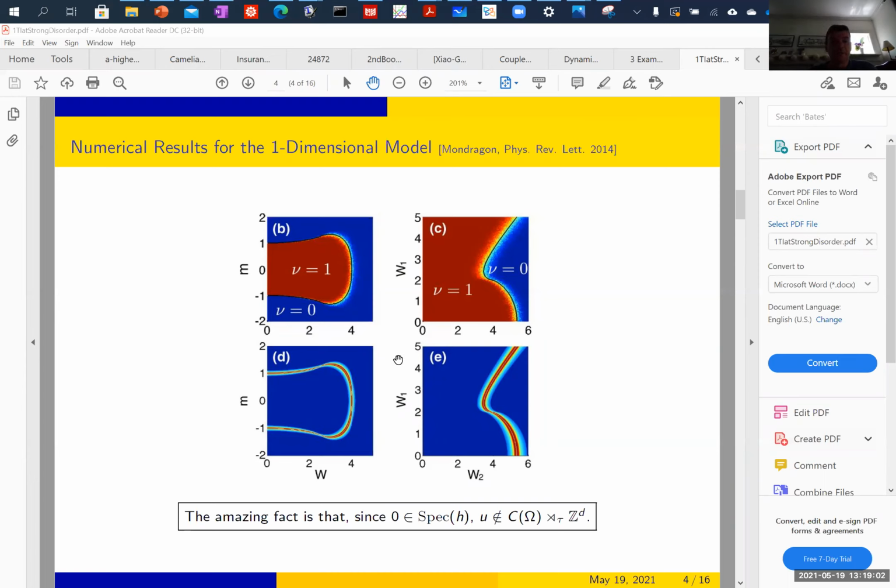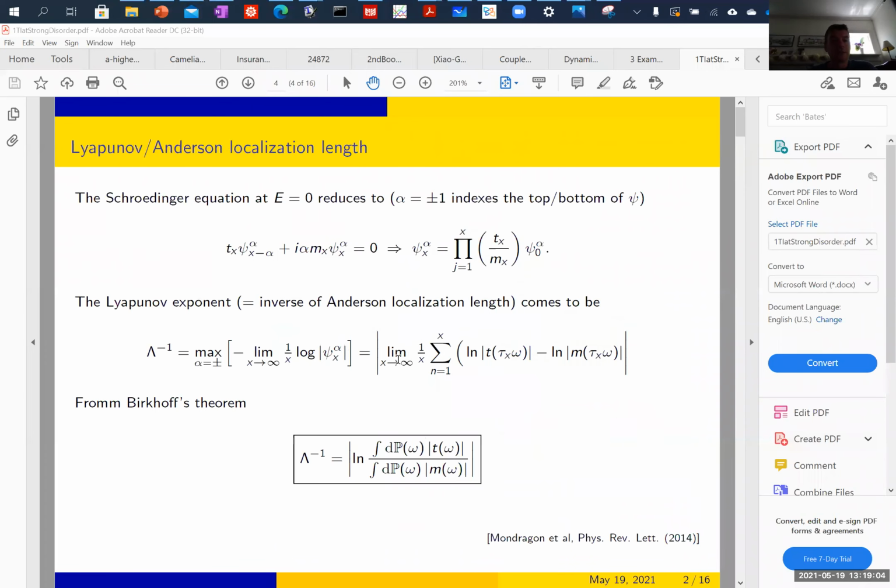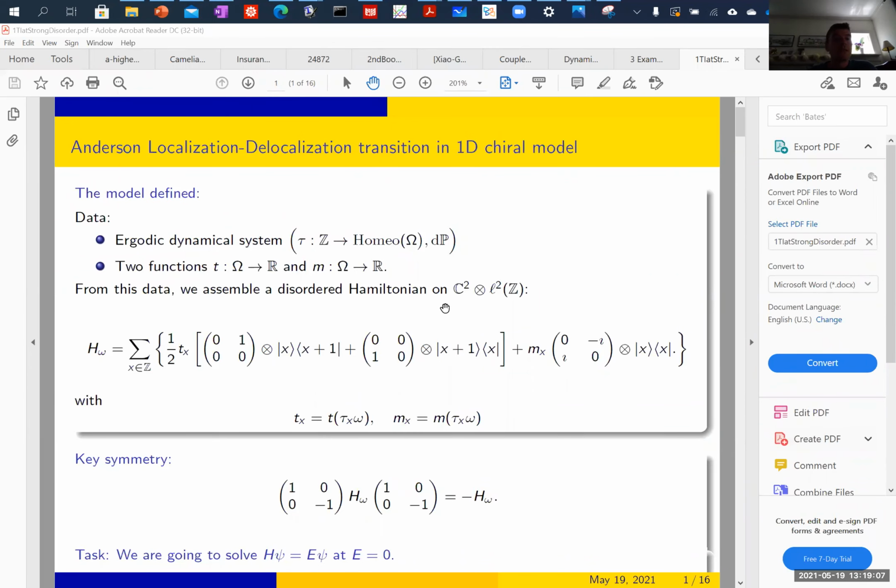In fact, I'll use a very simple model to show you how spectacular this is, and why topological insulator, topological phases are more interesting than just having integer or quantized response functions.